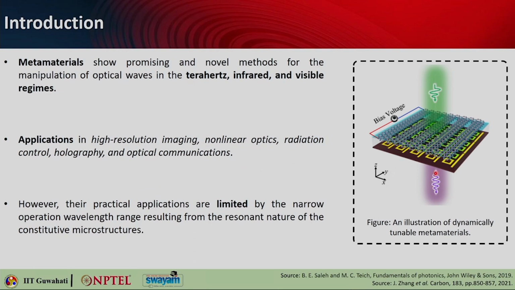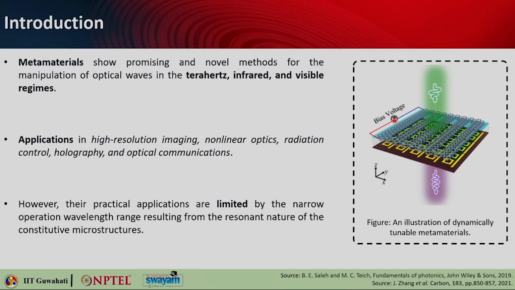So here is a schematic. At the bottom there is a metamaterial, and then there is a 2D material, it may be graphene or any other material, which is close to the metamaterial that you have fabricated. There can be a voltage bias on this 2D material, and that will change the surrounding medium permittivity of these meta-atoms, and that can give rise to a dynamic effect which will change the response of this metamaterial at a given voltage.